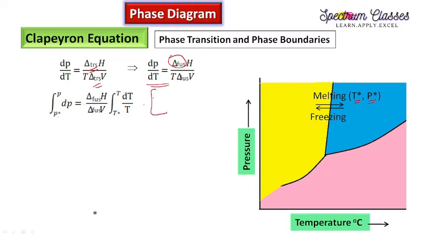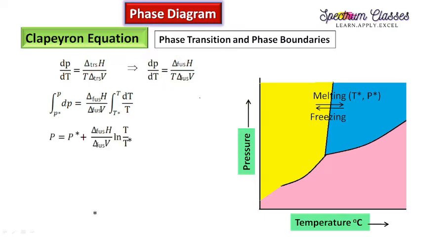So dP is equal to delta fusion H upon delta fusion V into 1 upon T dT, right? If we apply the integrals, it will be like this if these two values are constant. To apply the limits, P star is the melting pressure for fusion, so P star to P and T star to T for dT, right? This is what I have done here.